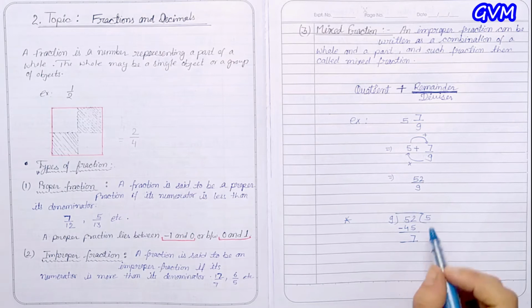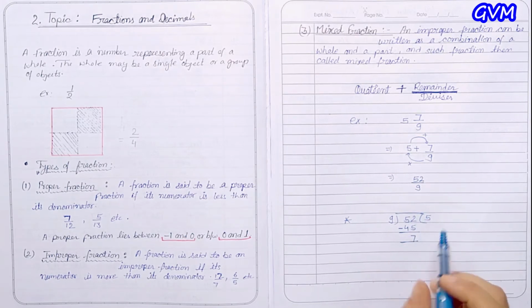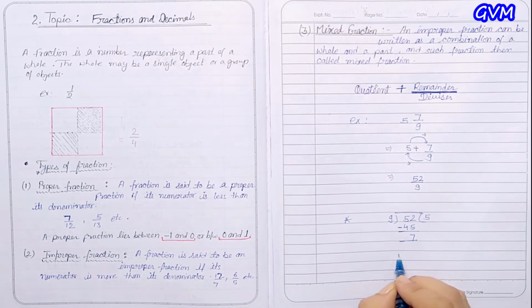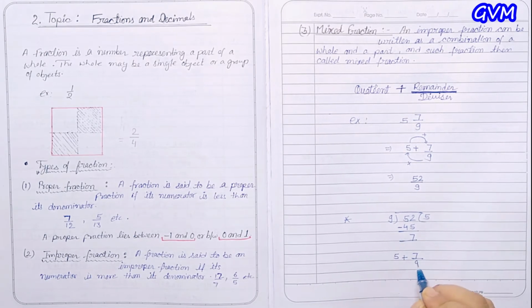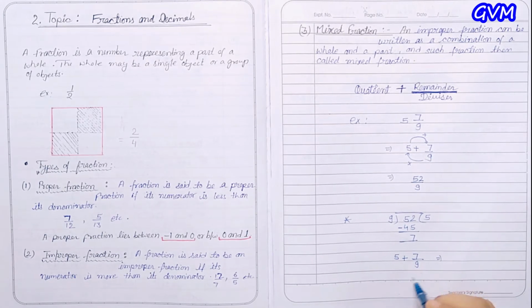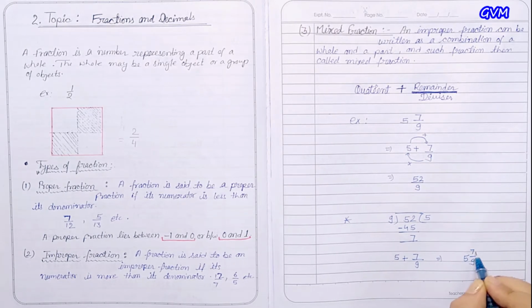Now to write this improper fraction in mixed fraction form, we have to write quotient, that is 5, plus remainder, that is 7, and divisor, that is 9, and this can be written as 5 7 upon 9 or 5 whole 7 upon 9. Okay, so this is the mixed fraction.